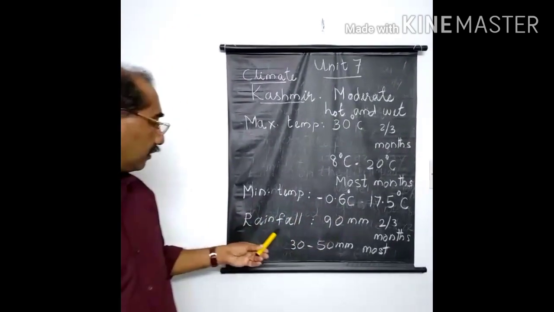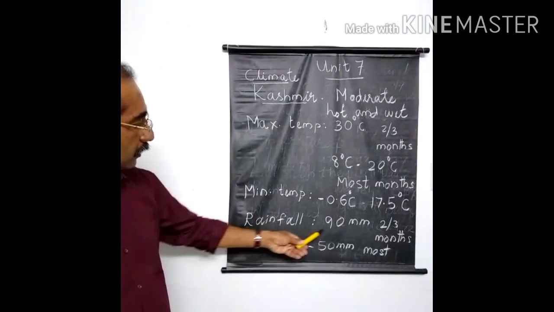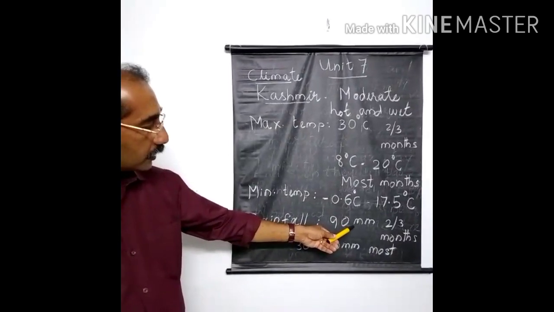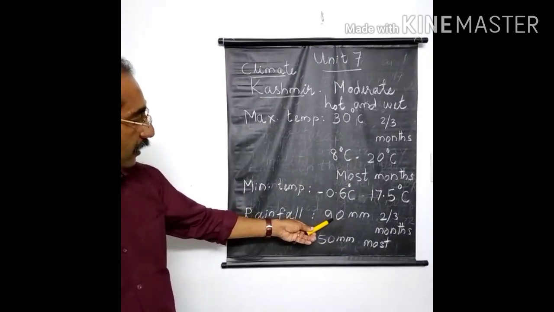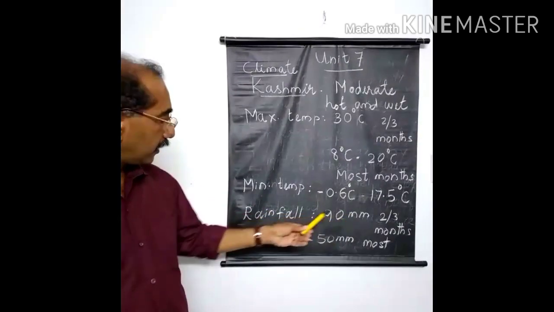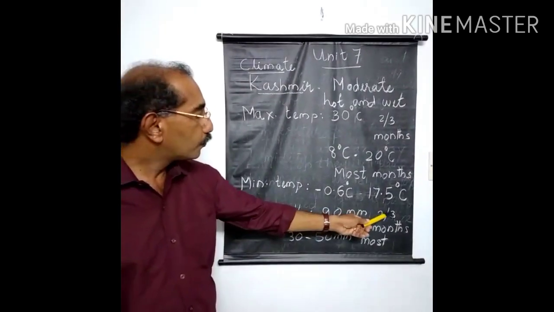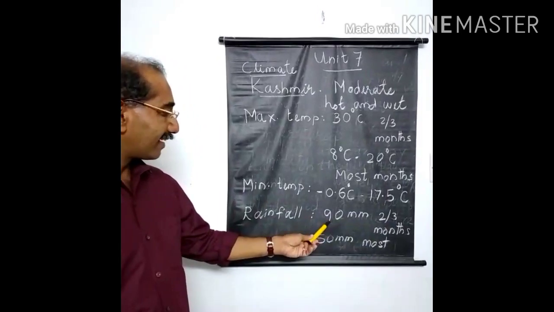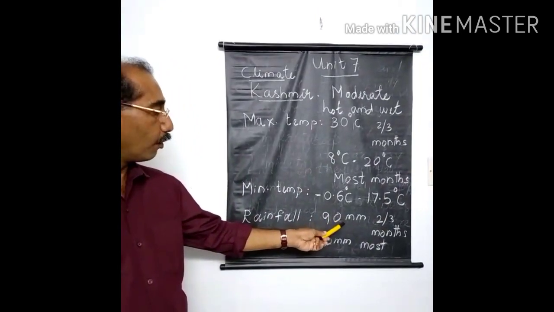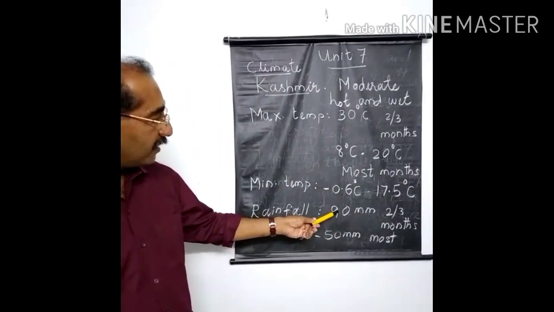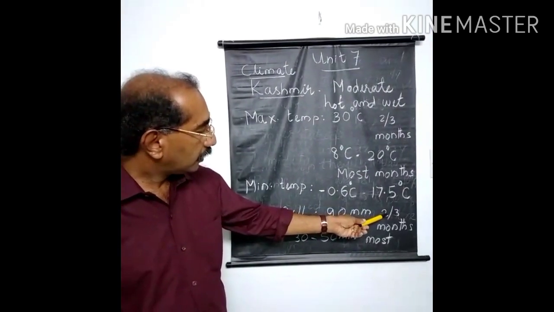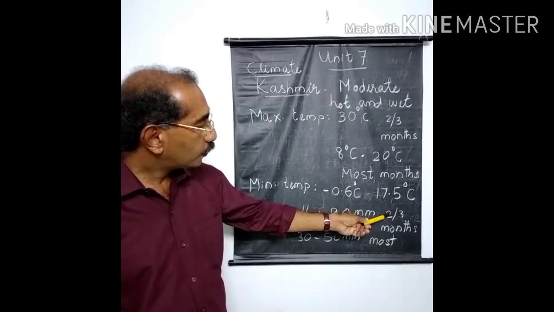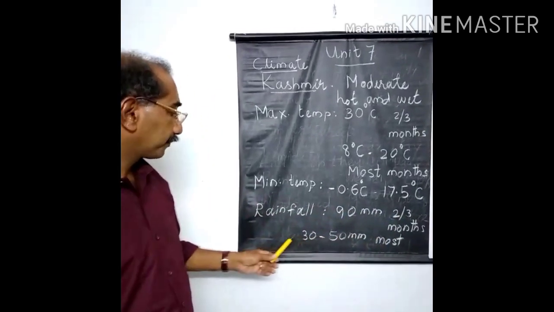And the same year, this rainfall of 90 millimeters shows the rainfall obtained in a month. So 90 millimeters rainfall is available in Kashmir only in 2 or 3 months. It may be slightly less, maybe slightly more. Anyway, about 90 millimeters rainfall it receives in Kashmir in 2 or 3 months only.